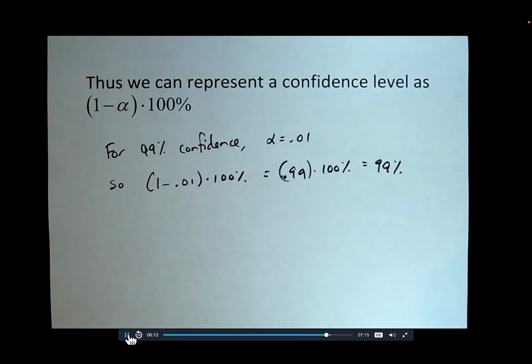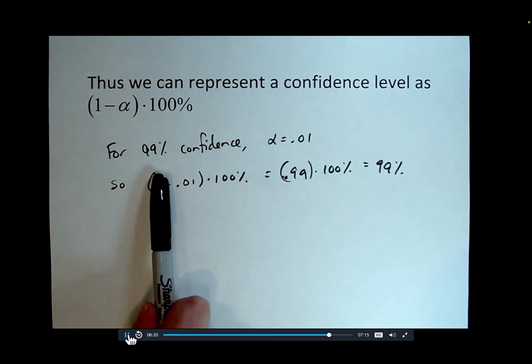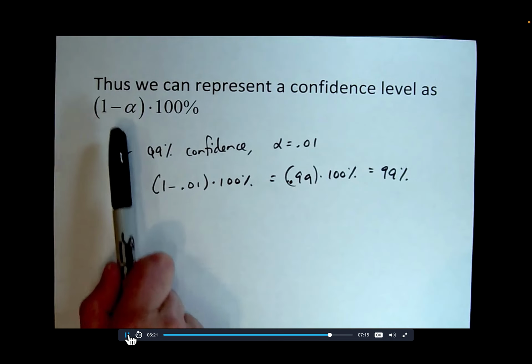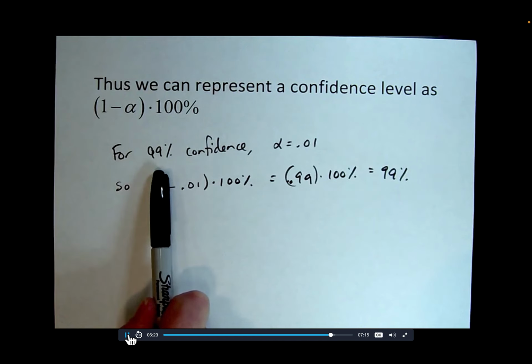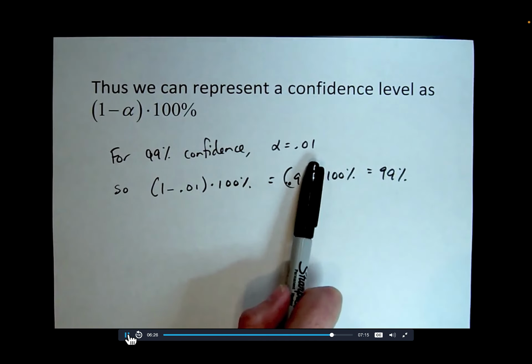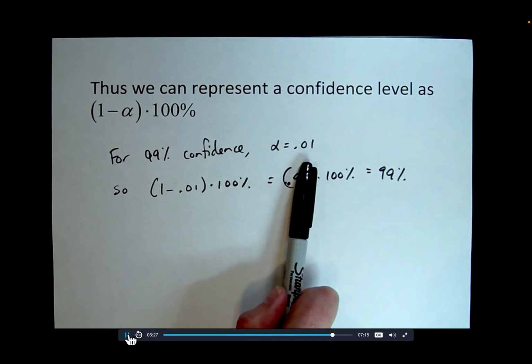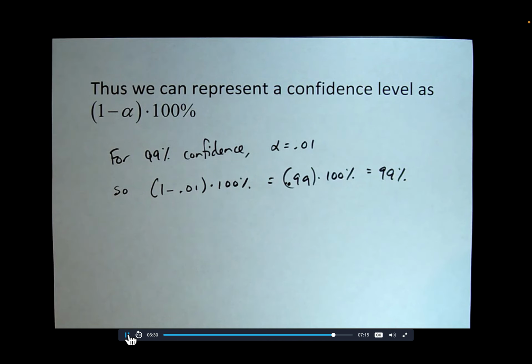Now, I know we just went in a circle there. Basically this formula is just relating the confidence level percent with this alpha, and the reason we want the alpha is it shows up in the formula that I'm going to give you in just a minute.